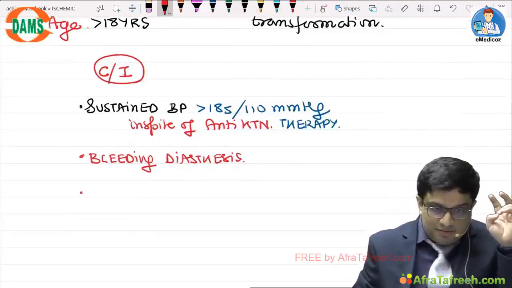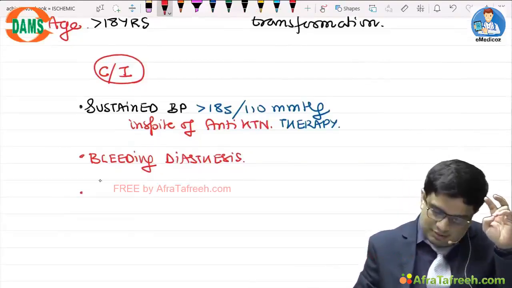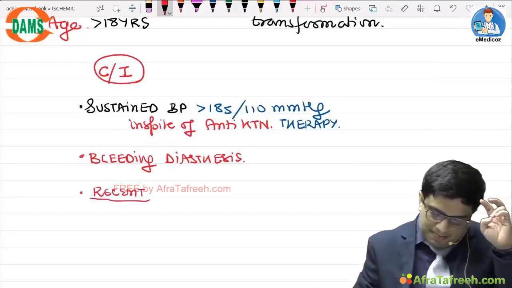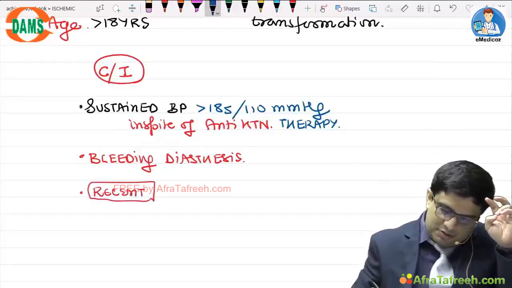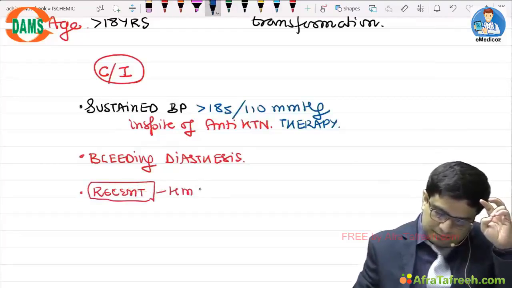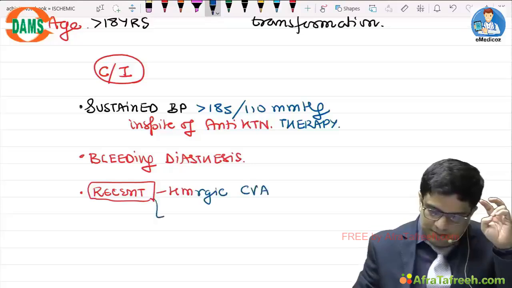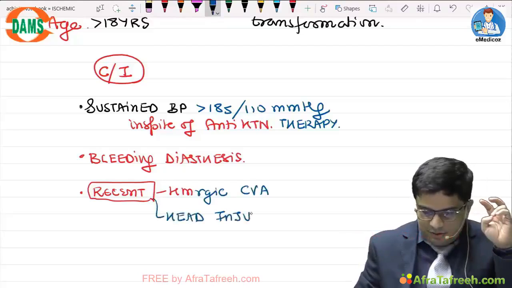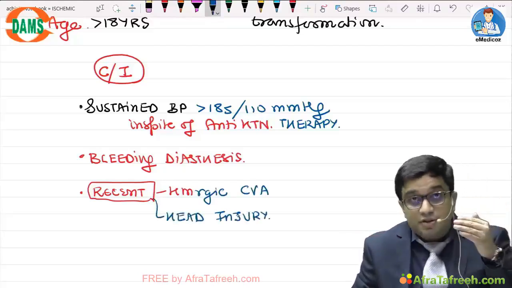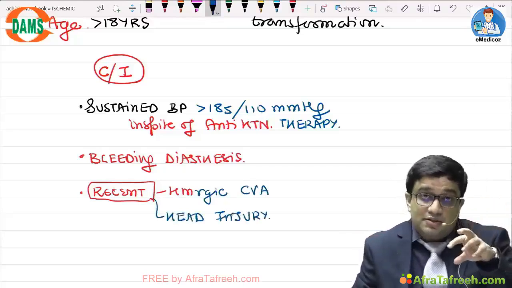Maybe if the person has suffered with a kind of a recent hemorrhagic stroke or maybe head injury even, in that case we don't thrombolyze these patients, again because hemorrhagic stroke in the recent past has occurred.